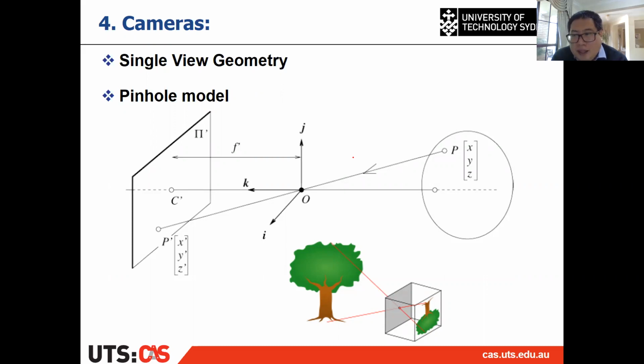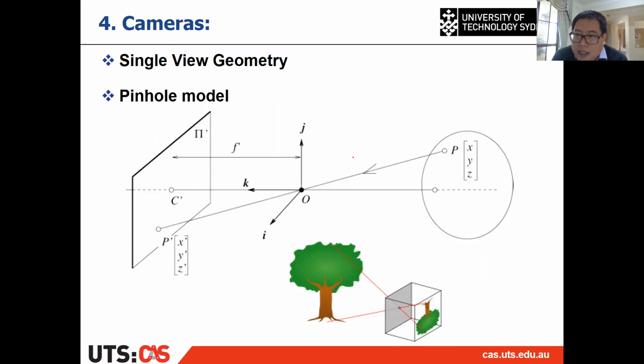But the most important thing is that if you are using a camera as a sensor in your mechatronic system, you need to know the working principle of the single camera, which means the single view geometry, or the projection of the camera.